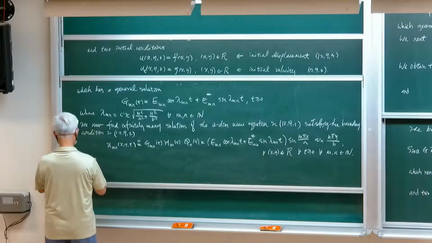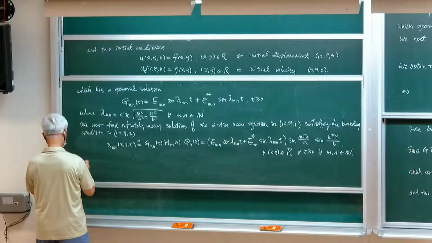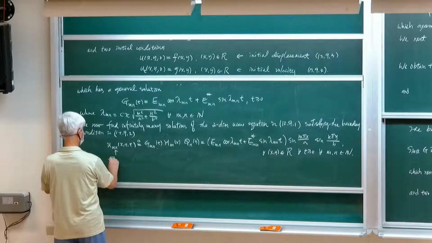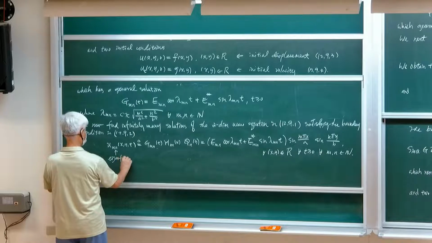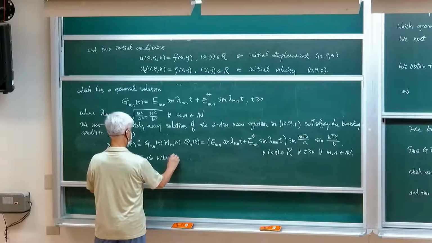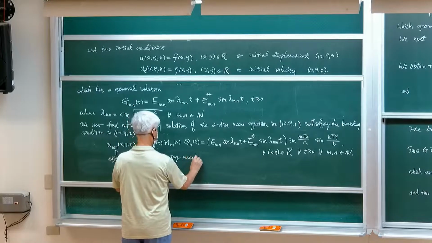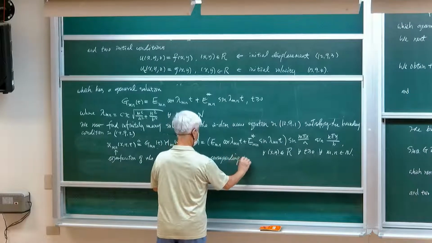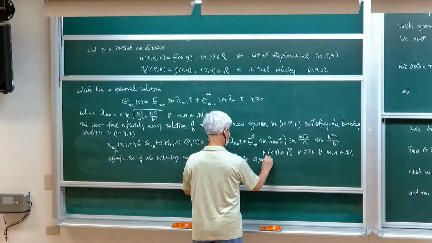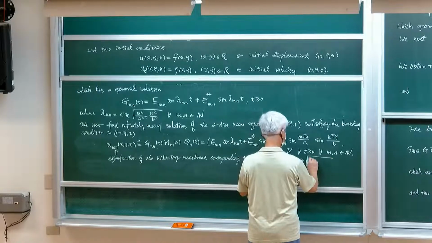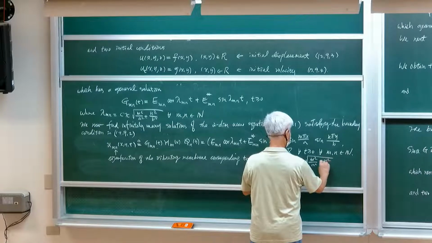But before that, these are called eigenfunctions of the vibrating membrane, corresponding to eigenvalue lambda_mn, which is equal to c pi times the square root of m squared divided by a squared plus n squared divided by b squared.